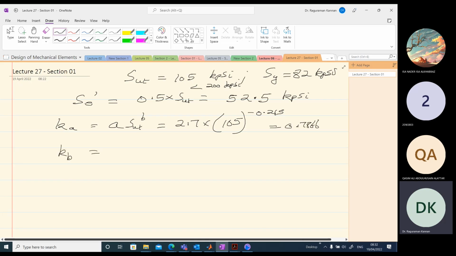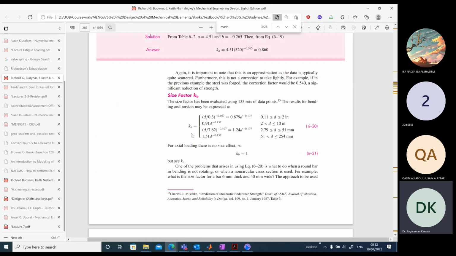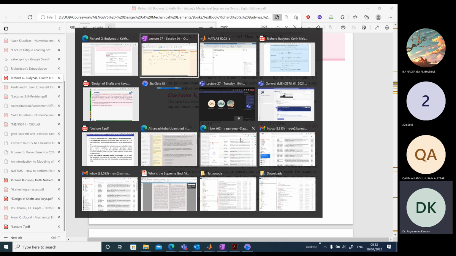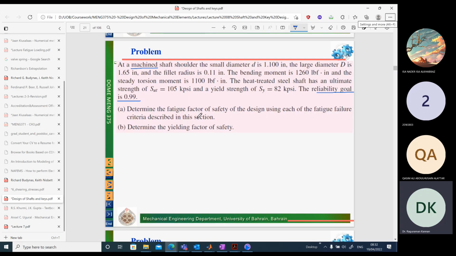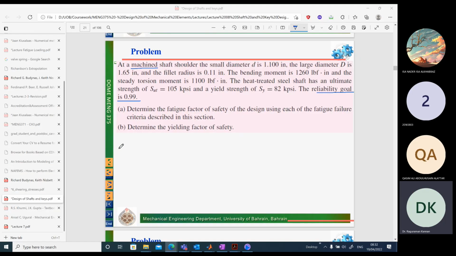Let's calculate kb. kb will be according to the formula given here. We will have to consider the smaller diameter. Let's go back to the problem here. We are given small d is 1.1 inches.